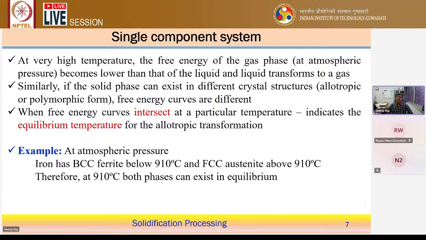Therefore, at 910 degrees centigrade, both phases can exist in equilibrium. This is an example of two different solid phases whose free energy curves are different, and they are in equilibrium where the two G curves cross at this particular point.